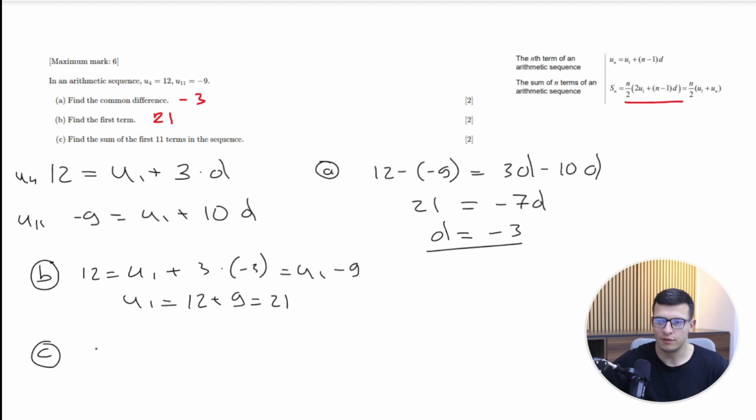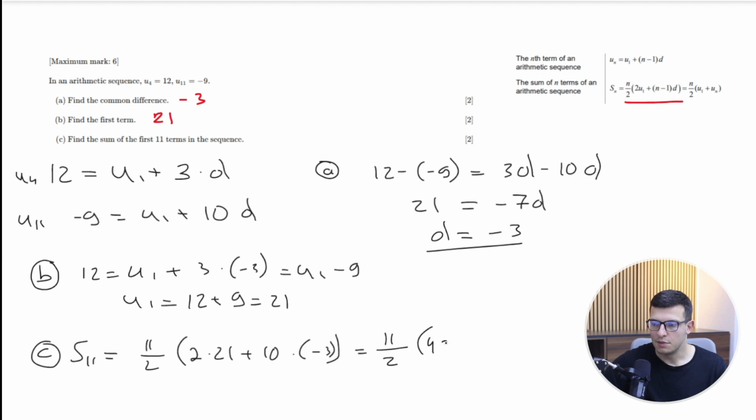So there's nothing really stopping me from finding S11, which is going to be equal to 11 divided by 2, times 2 times U1, which is 21, plus n minus 1, which is 10, times d, which is -3. That's all. I'm going to leave 11 over 2 because it's not a good division. Maybe something in the bracket will make it easier.